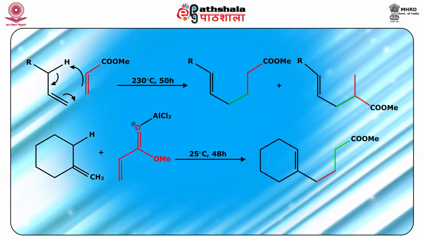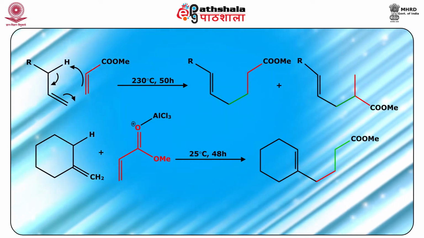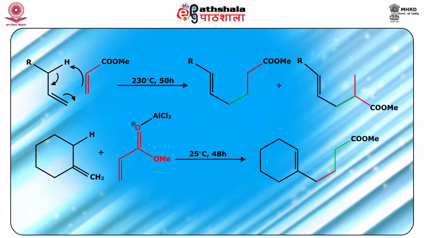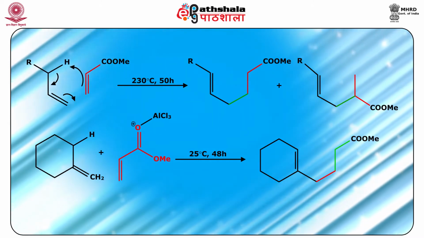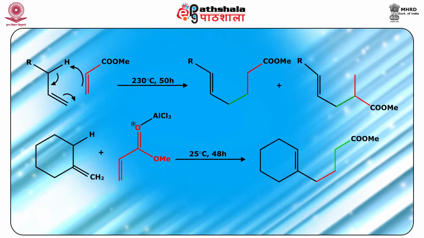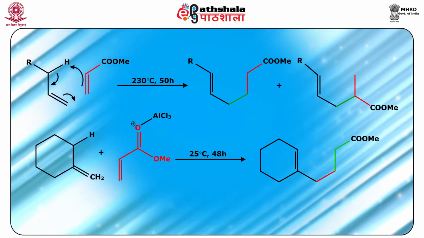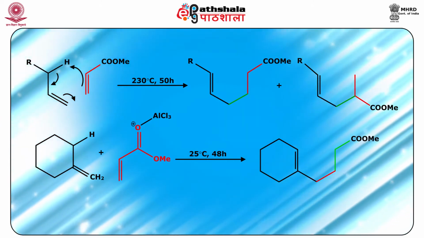An electron withdrawing group on the enophile and an electron donating group on the ene favor the reaction. Lewis acid catalysts such as aluminium chloride have also been shown to lead to rate enhancement of ene reactions.